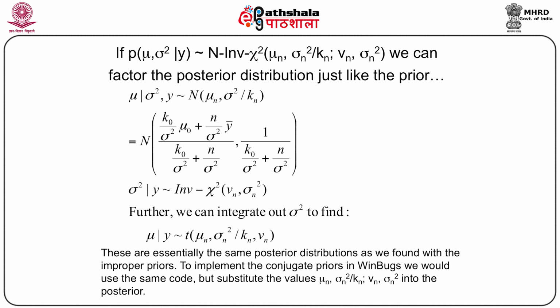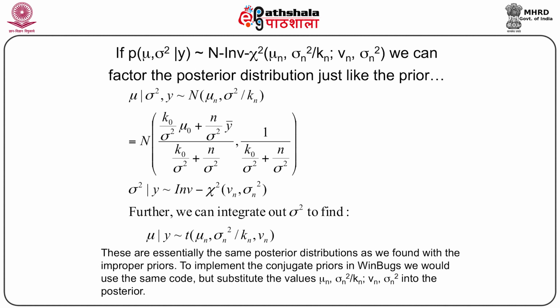Now we can also factor the posterior distribution just like the prior. So in summary, after the factorization, mu given sigma square and y is normal with mean mu n and variance sigma square over kn. Further, we can integrate out sigma square to find that mu given y is a student t distribution with parameters given in the slide.